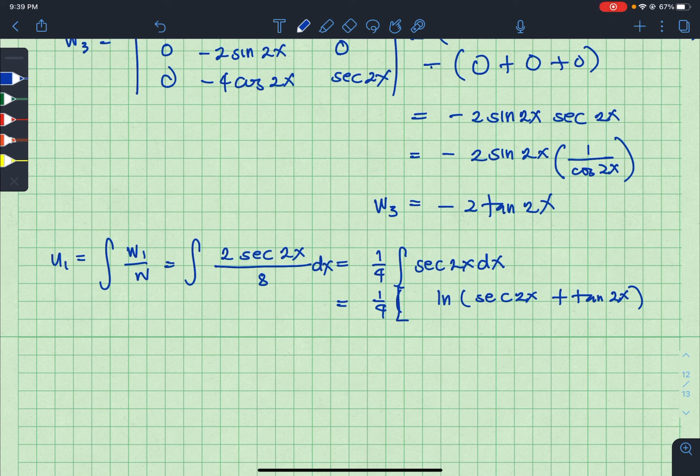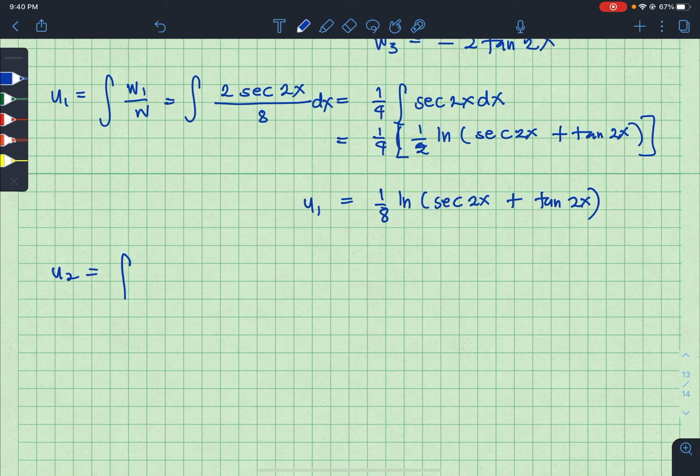And of course, the derivative of 2x is 2 dx, so we'll have a neutralizing factor of 1/2. And thus, u sub 1 is 1 over 8 ln of secant 2x plus tangent 2x.